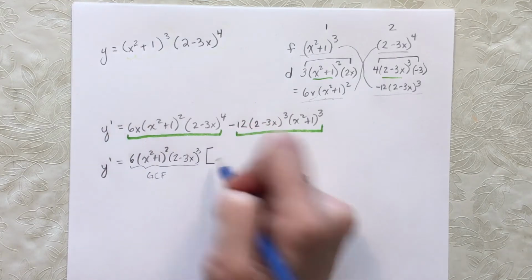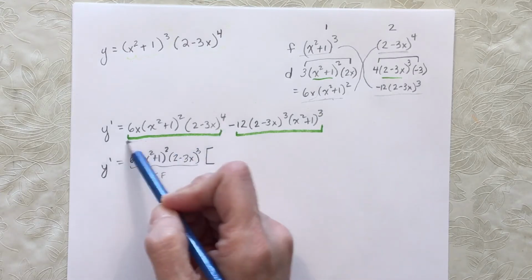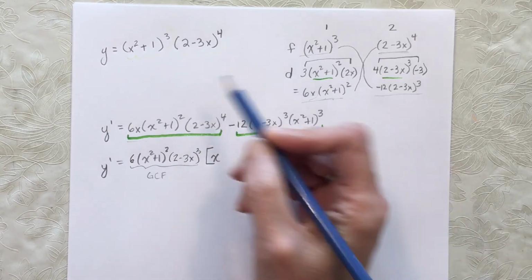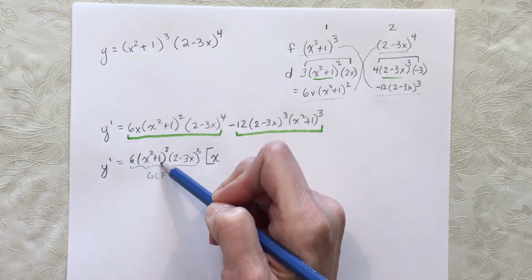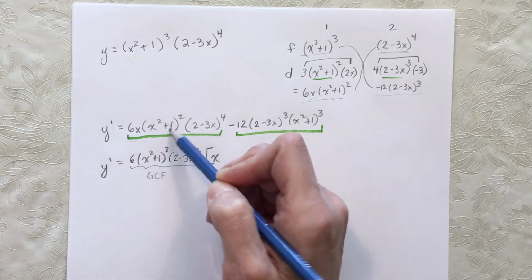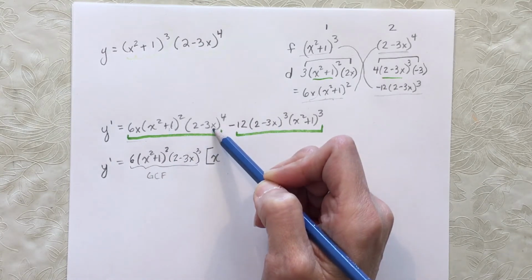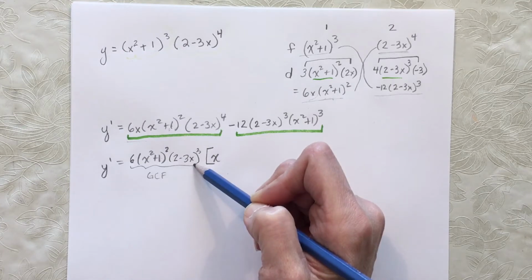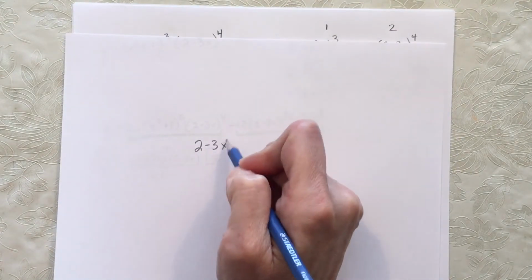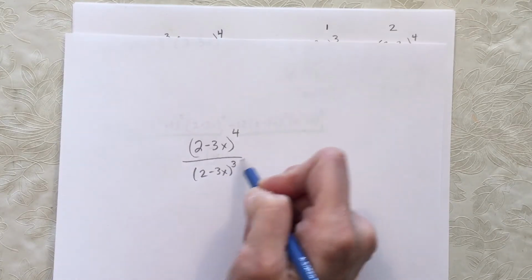So now I want to divide each of these chunks by the greatest common factor. So if I'm dividing this by the greatest common factor, I would think 6x divided by 6, which gives me x. x squared plus 1 to the power of 2 divided by x squared plus 1 to the power of 2. So I'm dividing the exact same thing. When you divide something by itself, you get 1. I don't need to show the 1. And now I'm doing 2 minus 3x to the fourth divided by 2 minus 3x to the third.